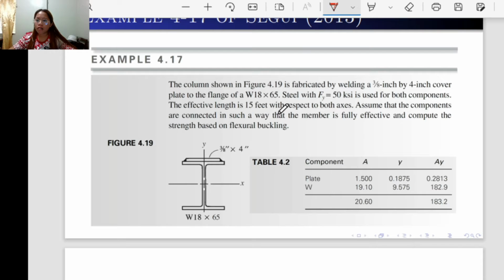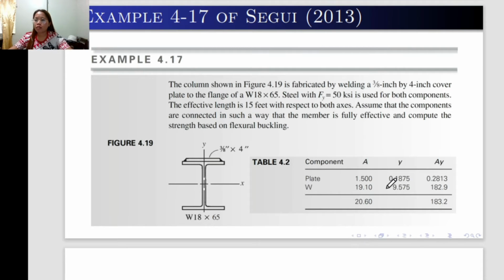Yes. To get the centroid for the whole built-up member or the component, you have to get the individual area and the centroid. For the plate, the area is 1.5 inch square, no? And half of the thickness is the centroid of the plate. For the wide flange, the area, if you look at the AISC table, is 19.1 inches square, and the centroid is half of the depth.